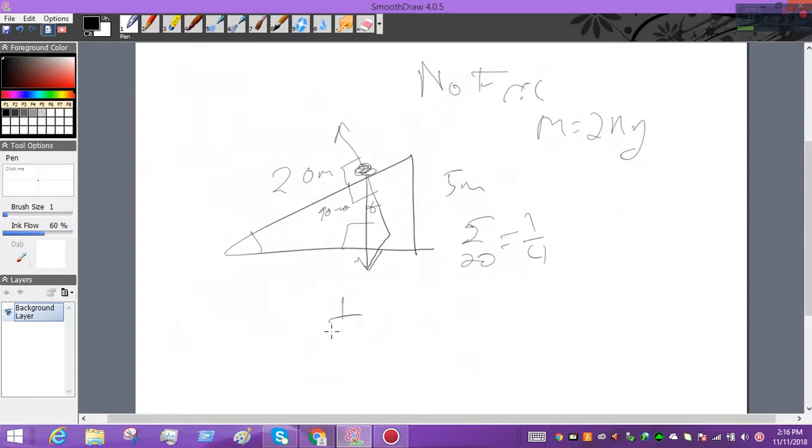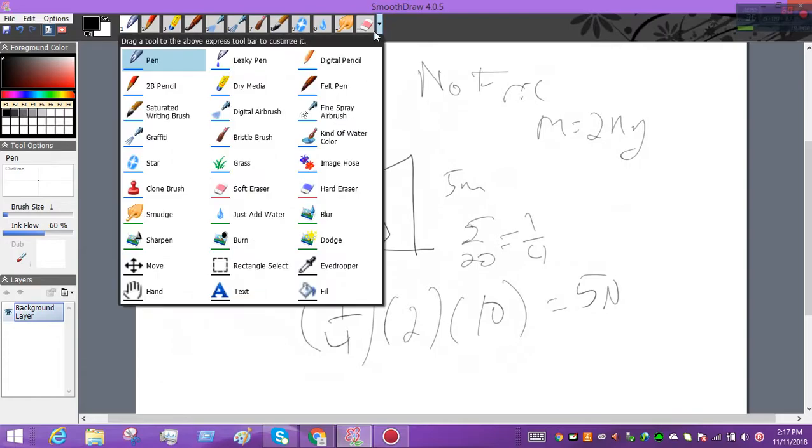So if we do 1 over 4 times your mass, which is 2, times gravity, which we'll just call 10, this whole thing's 20, and then 20 over 4 equals 5 newtons. And we know that the y component of that will cancel out with the normal force.